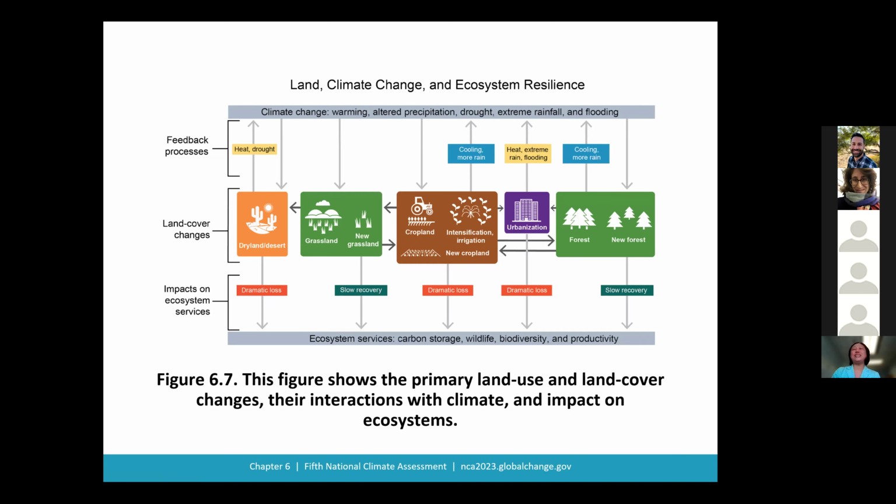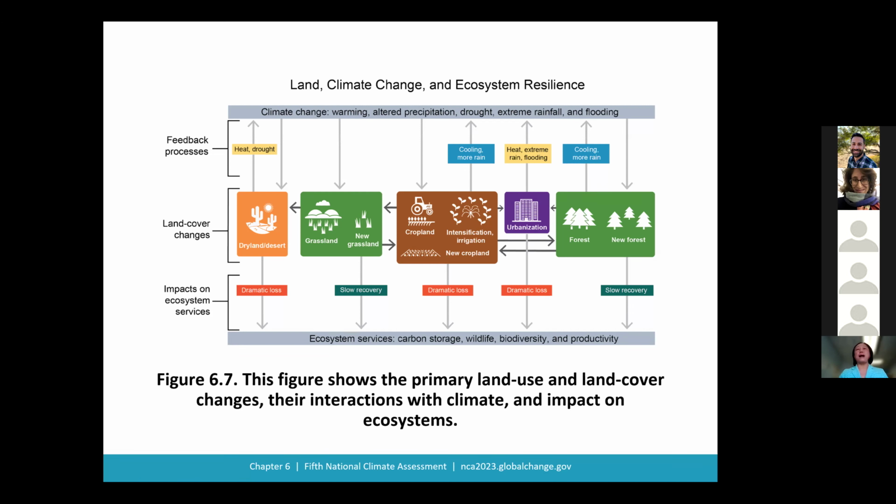So we look at a very basic figure here. It shows the primary land use, land cover changes, and their interaction with the climate and their impact on the ecosystems. Here, if you look at the figure in the middle row that shows different types of land cover, there is dry land, grassland, cropland, urban area, and forest.